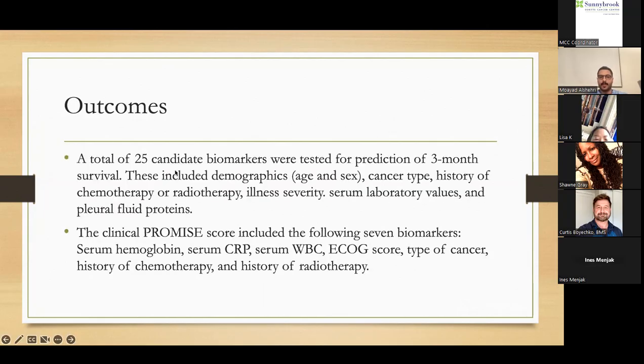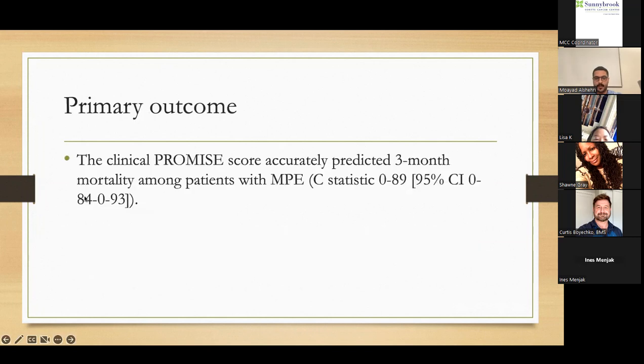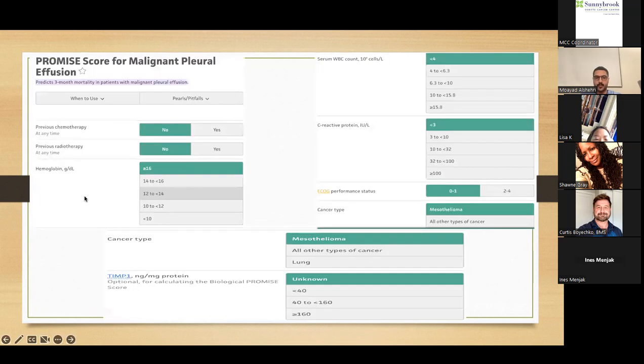The outcome: a total of 25 candidate biomarkers were tested for prediction of 3-month survival. These included demographics, so age and sex, cancer type, history of chemotherapy or radiation therapy, illness severity, serum laboratory values, and pleural fluid proteins. It's better to look at it this way. This is from MDCalc, you can find it.